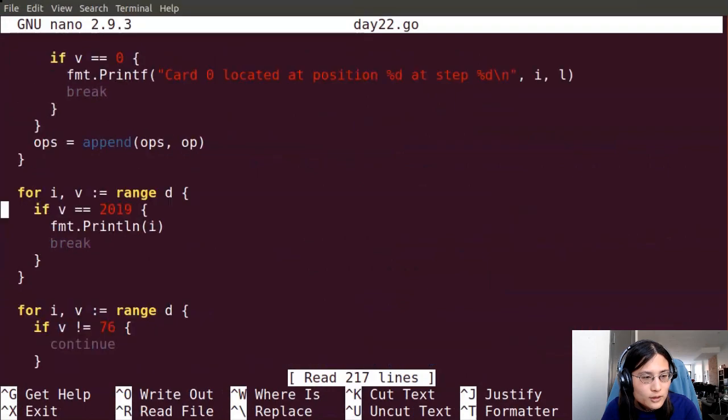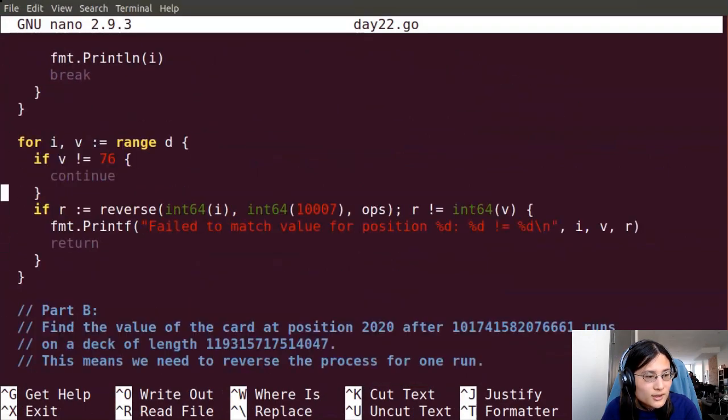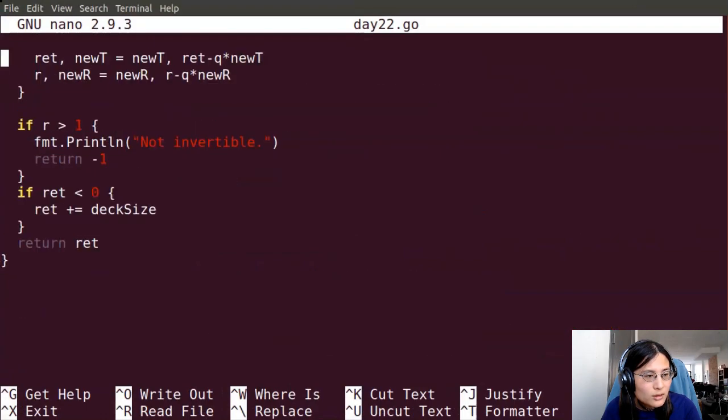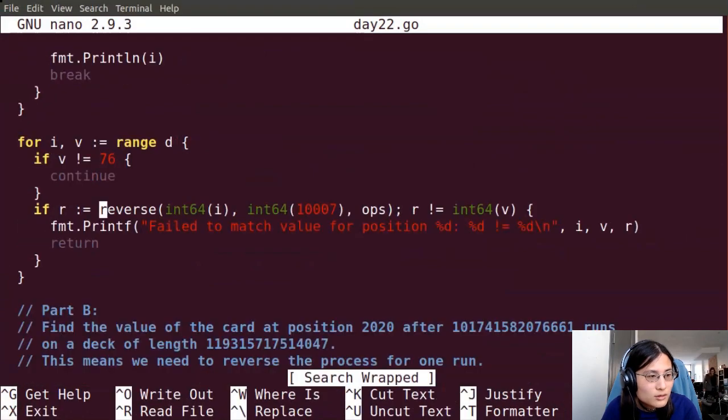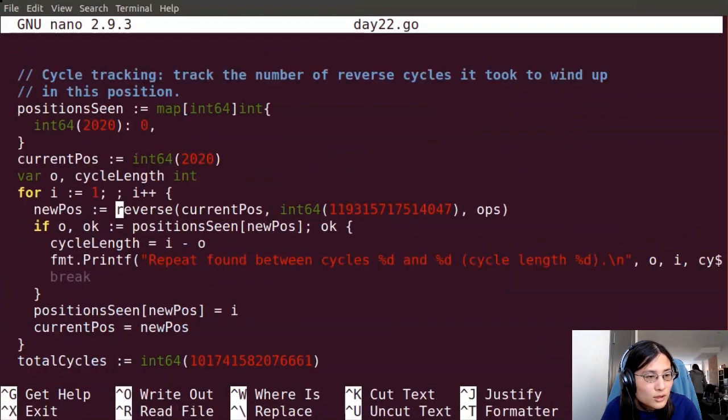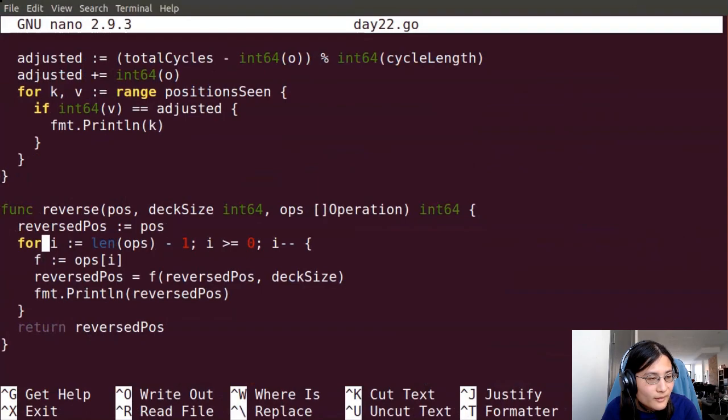If I start from position 76 and reverse it, it runs each of the reversers.